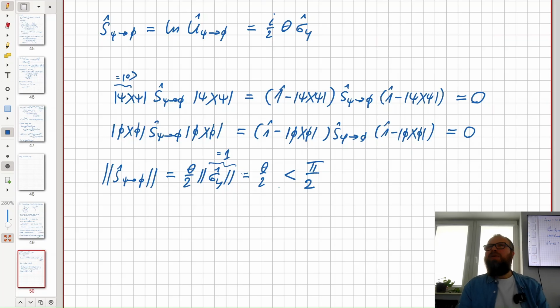Pi over 2 is required for the square root to work. In this one-dimensional case, the norm is actually smaller than that, so we are safer, in a better position.